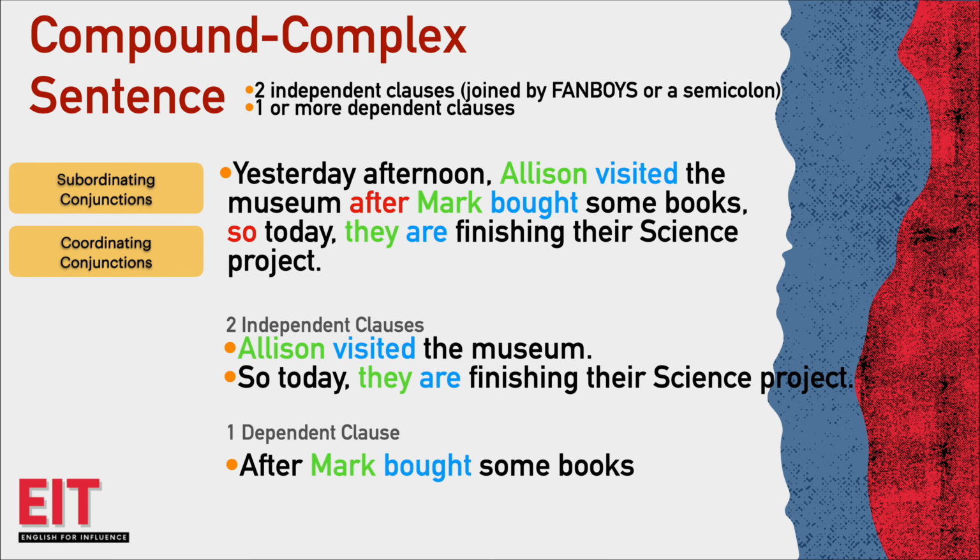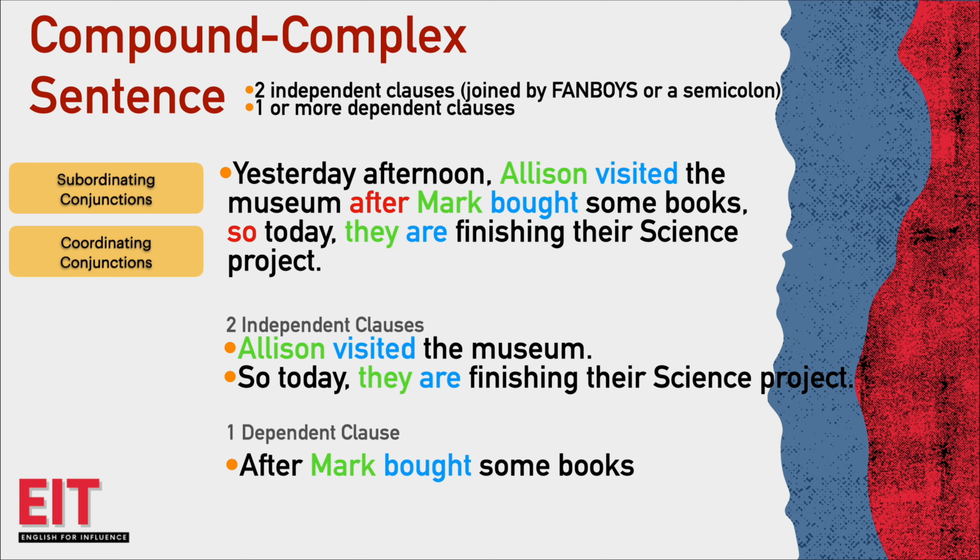Okay, let's analyze it. So we have two independent clauses. Allison visited the museum. And you also have, so today they're finishing their science project. So we call them again independent because they can stand on their own. They're like adults. So if I just read them, Allison visited the museum, that makes perfect sense.